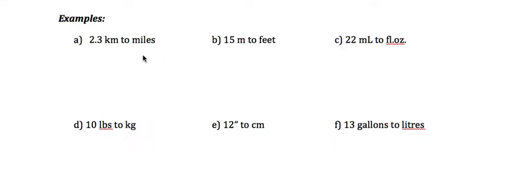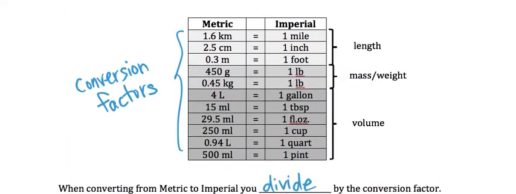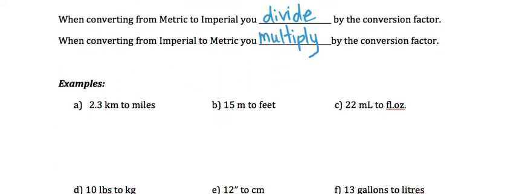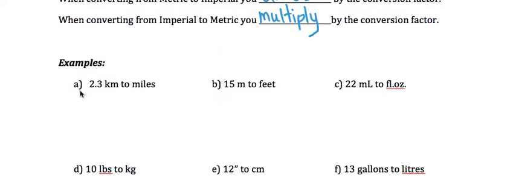So if we want to convert 2.3 kilometers to miles, I want to go back up to my conversion table and look at the conversion factor for kilometers to miles. It tells me I have 1.6 kilometers in every mile. So there's 1.6 kilometers for 1 mile.